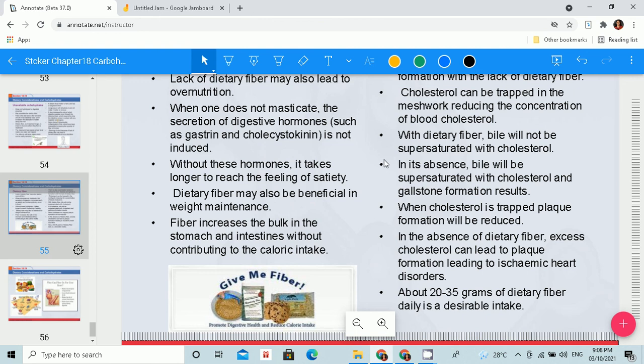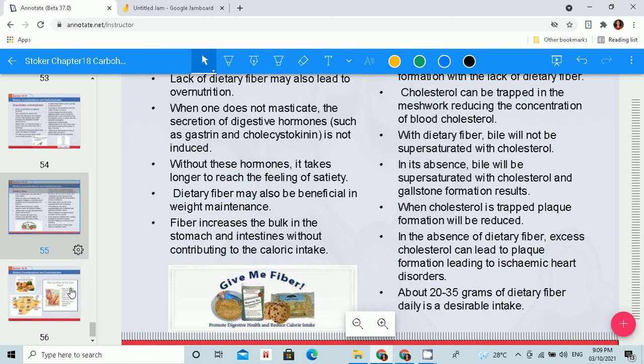Then we have about 20 to 35 grams of dietary fiber daily as a desirable intake. So I believe that right now we have the dietary fibers, we have okra, we have kangkong, they are rich in fibers, we have alubati, we have oatmeal, we have even our potato, and then we have our maize, so they're rich in fibers.